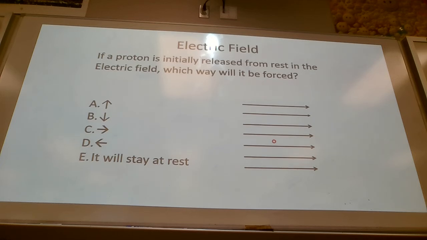We would take our scout, our test charge, and we would test how much force there would be at different locations, and we could map out the field at these different locations. We'd have an electric field. We wouldn't even necessarily need to know what caused the electric field. There could be multiple Van de Graaff generators behind this curtain. What we know from our test charge is how much force it's feeling. We don't necessarily need to know what caused the field.